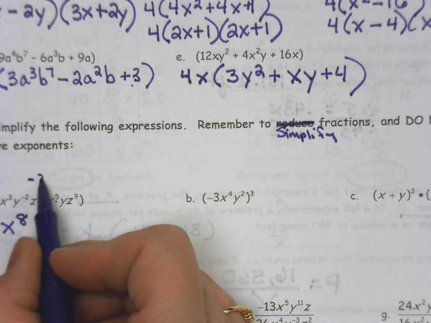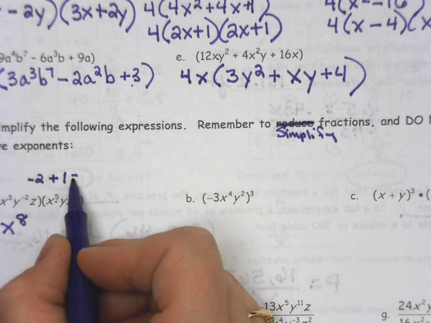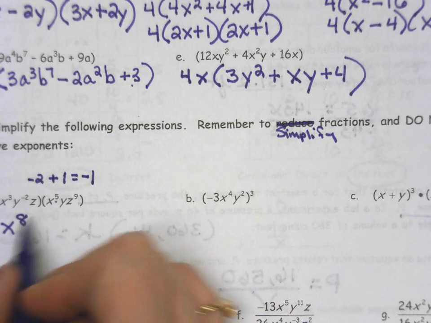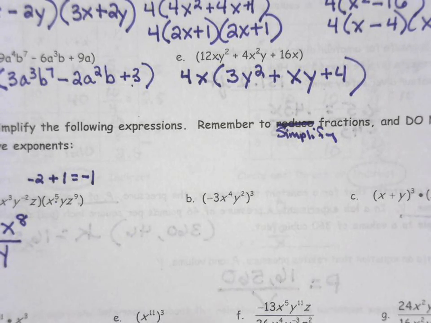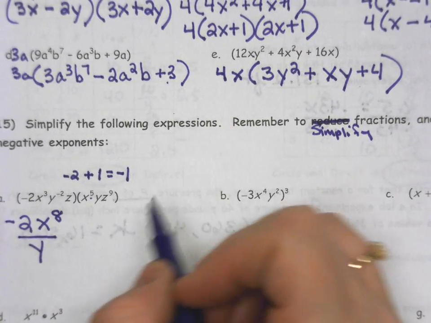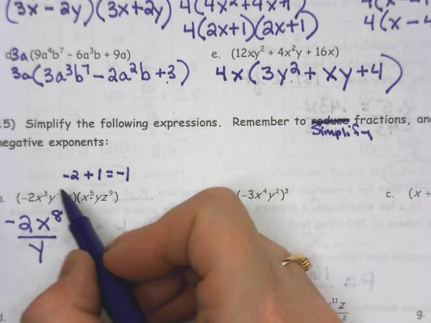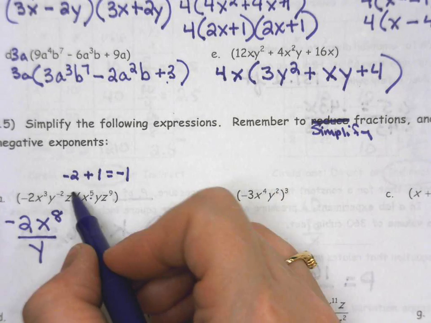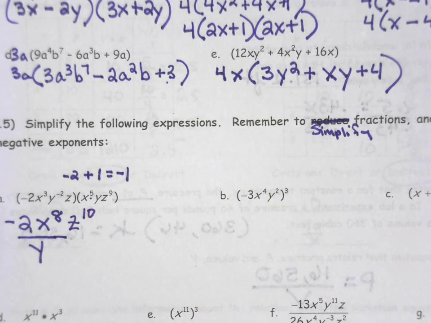Then I have y, and I have a -2, and this one has 1, so -2 plus 1 is a -1, which means that I would have y to the -1, which means my y goes on the bottom, because remember, I'm not having negative exponents. If I had negative exponents, it would be y to the -1st power. And then this is z to the 1st power, and z to the 9th power, and 9 plus 1 is 10.